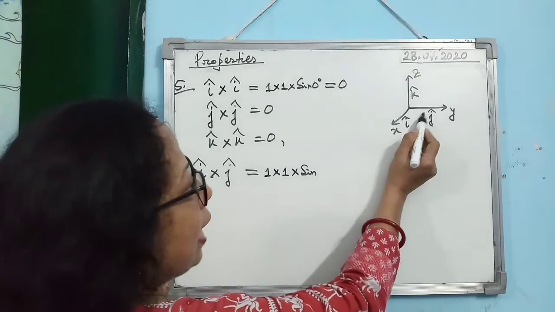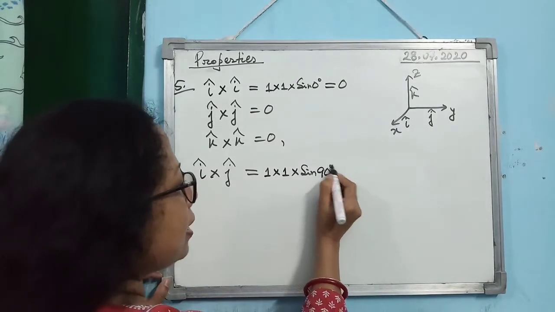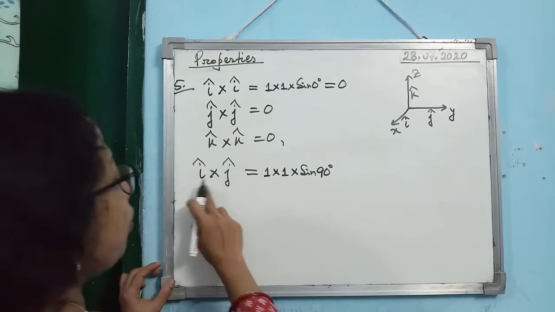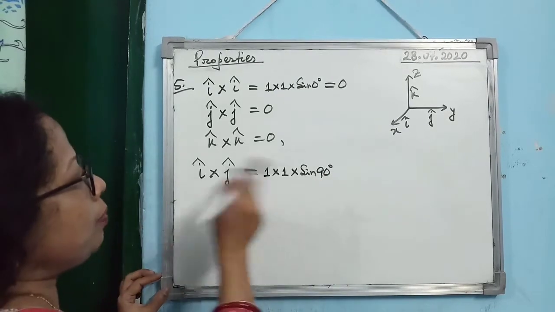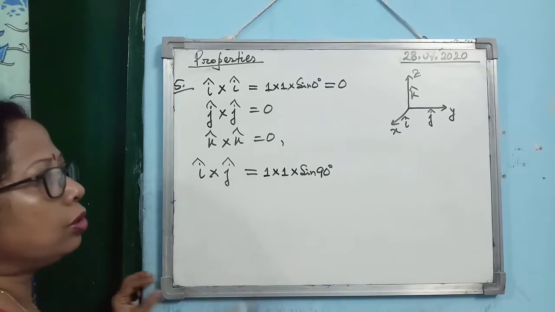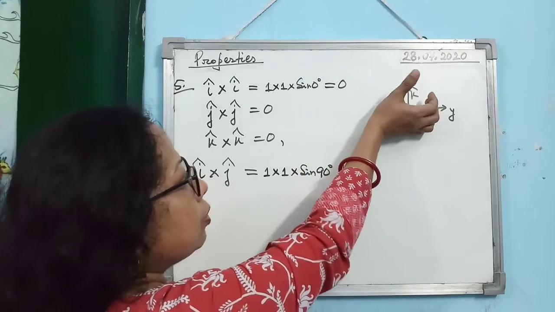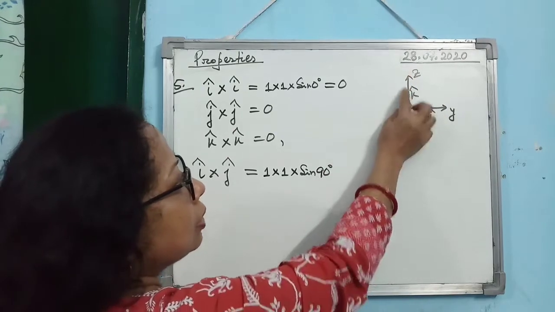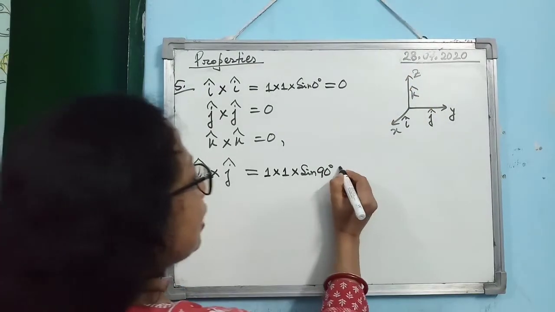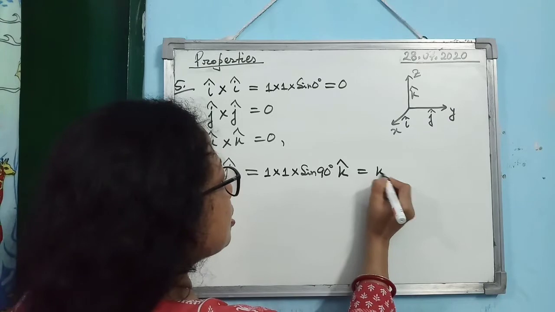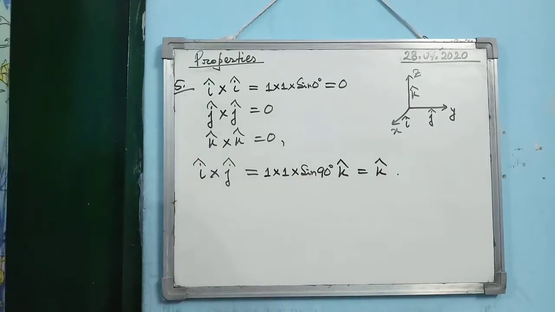What is the angle between i and j? 90 degree. So sine 90 degree. Then what will be the direction? It will be a vector perpendicular to i and j. Is that clear? So here if I put i to j, then my thumb will be along the direction of k. So you can write i cross j is equal to k.